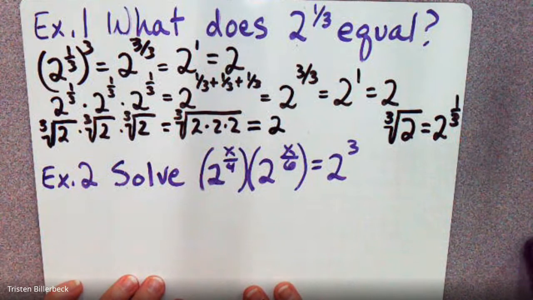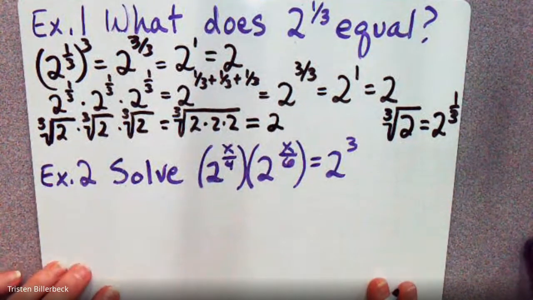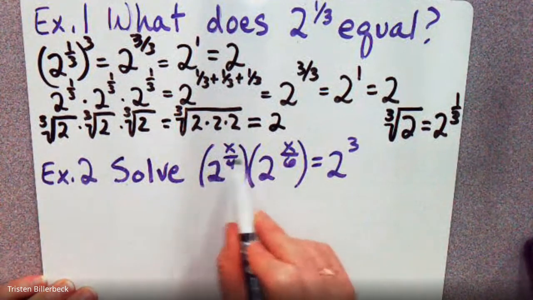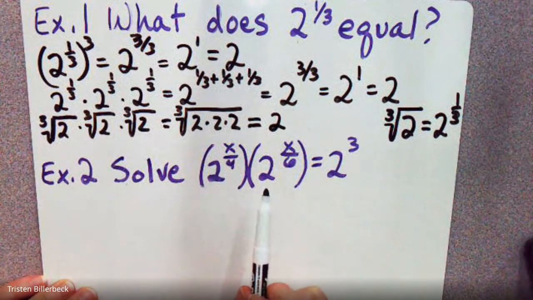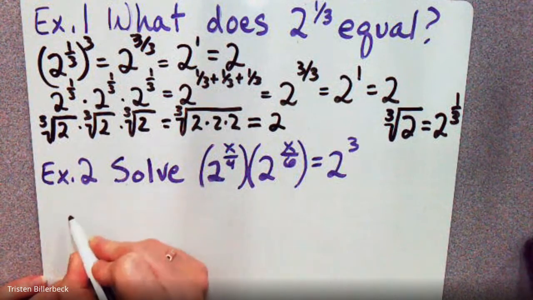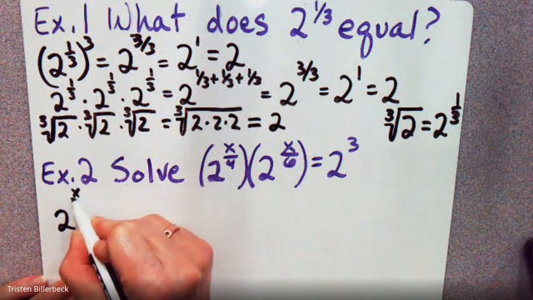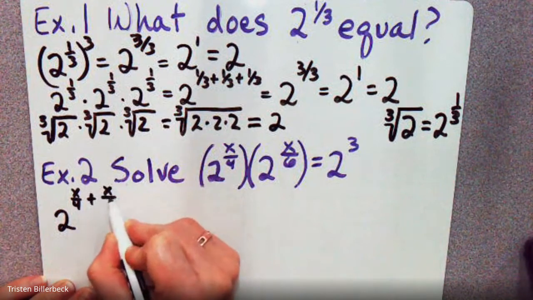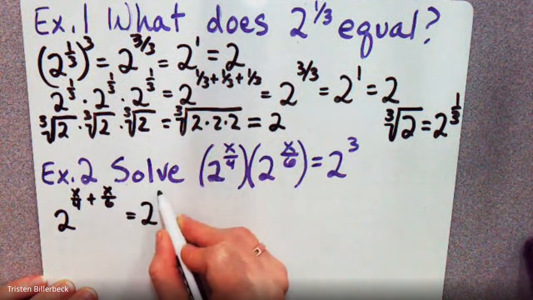All right, so now let's take a look at this. So we have the same base and 2 exponents, and it's a product of powers. So that means that we can rewrite this as 2 to the x over 4 plus x over 6 equals 2 to the 3rd.